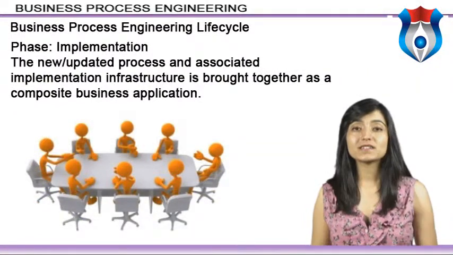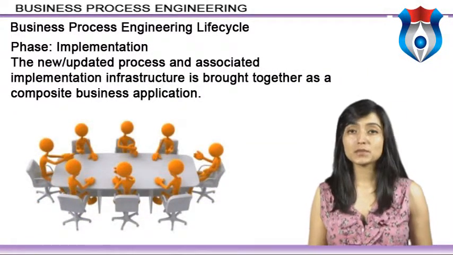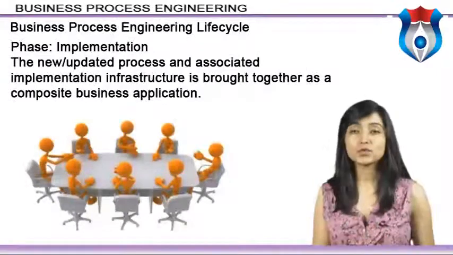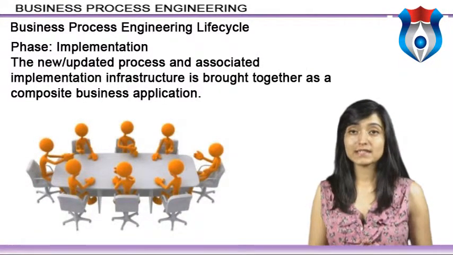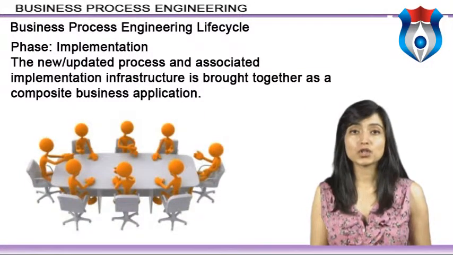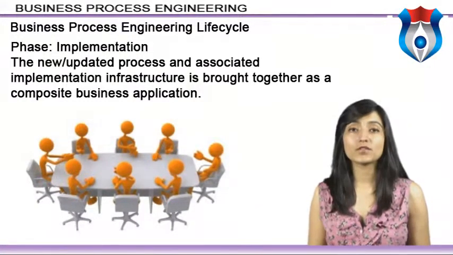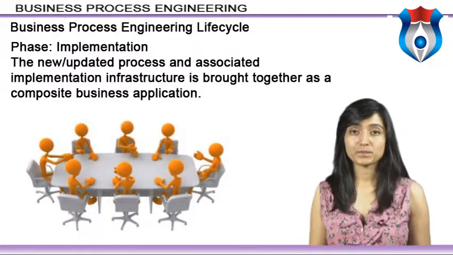The new updated process and associated implementation infrastructure is brought together as a composite business application to be deployed, tested and promoted to production systems along with training for end users and IT.